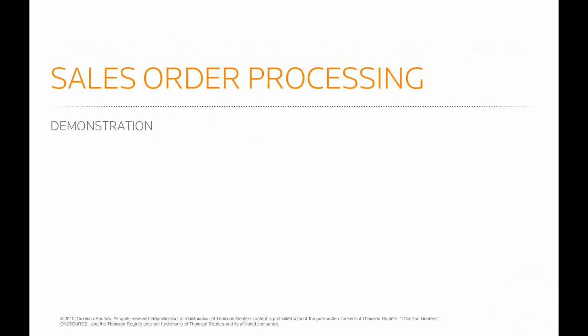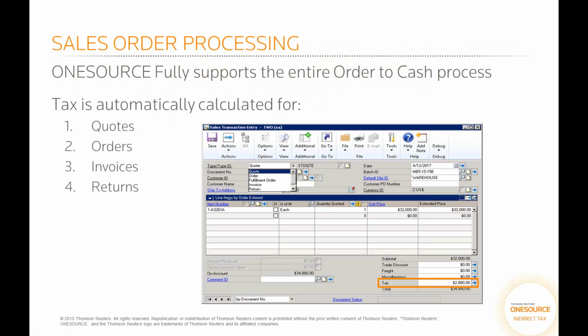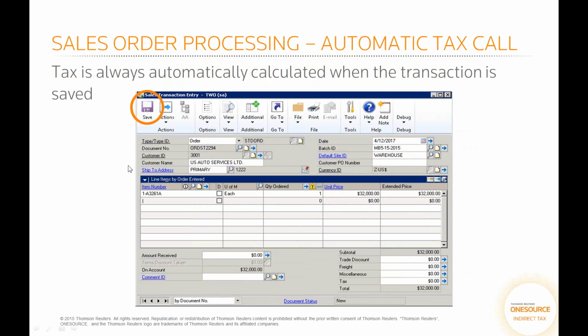Let's talk now about order-to-cash transactions. Our integration for GP supports the entire order-to-cash process to include transactions for these types of documents: quotes, orders, invoices, and returns. When generating sales orders, tax is always calculated behind the scenes when the transaction is saved.